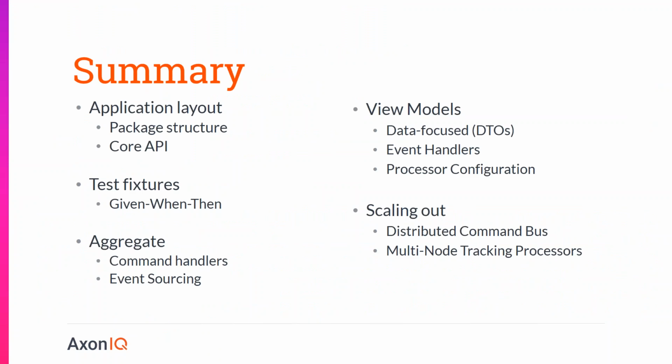So if we have a little look on what we just did in between the failures here and there, we've discussed application layout, so the different packages and how you can separate, let's say, the core API, which is your commands and events, and separate that from your command model.